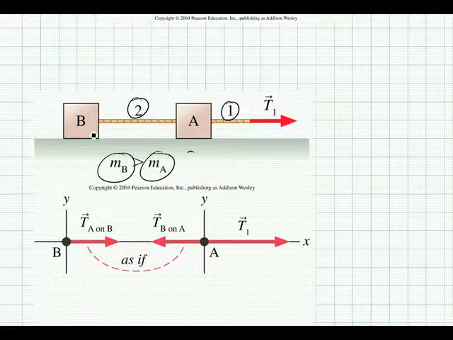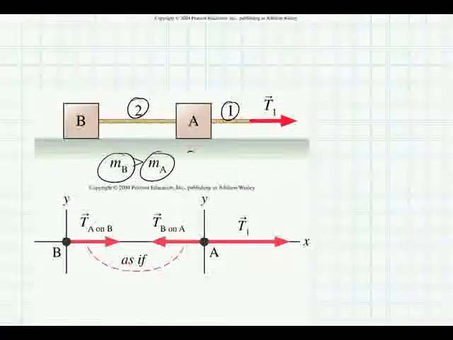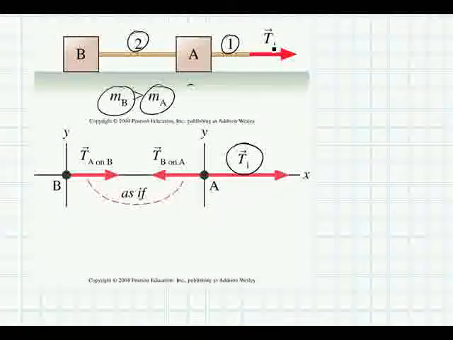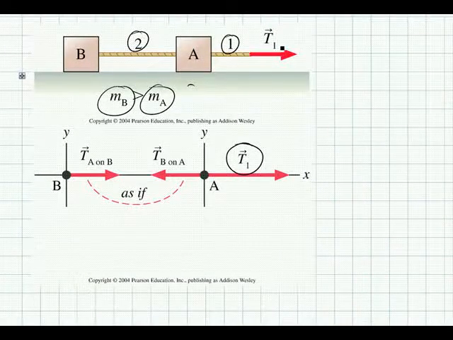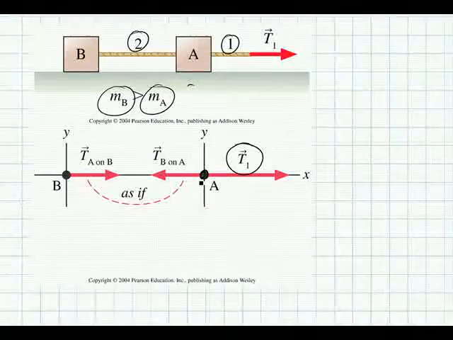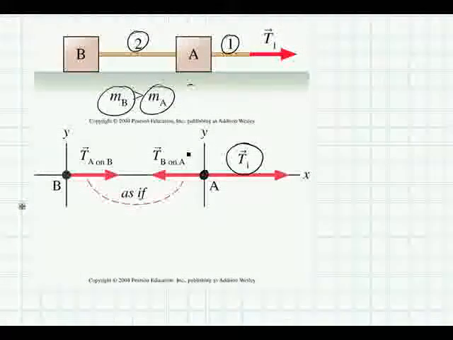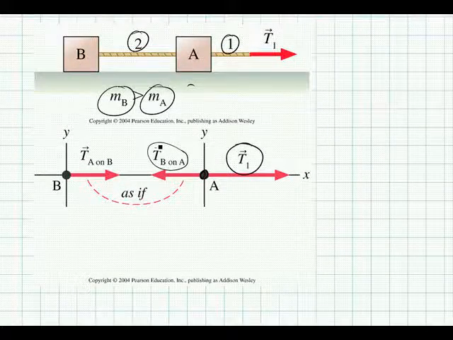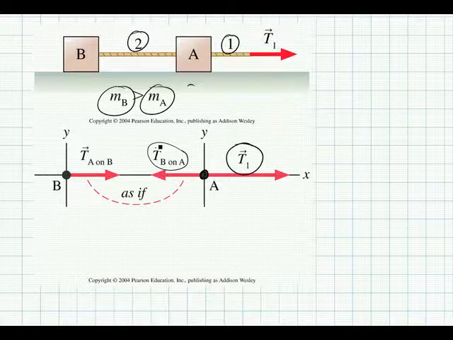Now doing a free body diagram for object A, we have tension 1, which is being applied to the right, acting on object A, and we have the force of B on A. What we've done is omitted the string there, string 2.